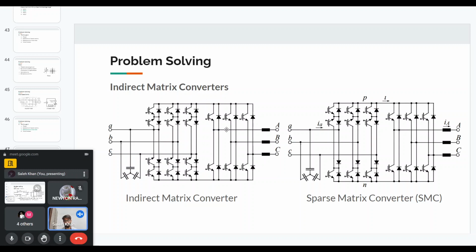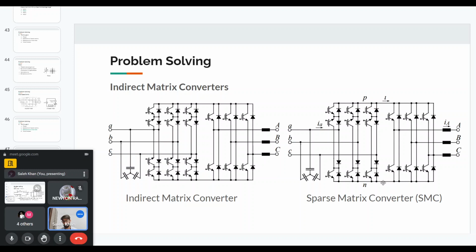So the indirect matrix converter allows both positive as well as negative current. The sparse matrix converter again has the same network. So it will allow current from source to load through one switch and one diode, and the negative current as well. Here also from the bottom side, you can see the negative current.